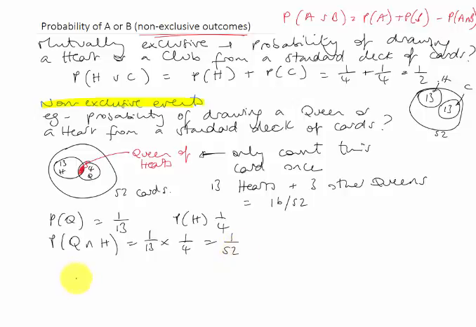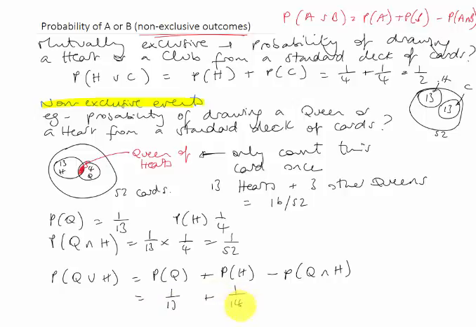Okay, so now it's time to put these all together. The probability of queen or heart is the probability of a queen plus the probability of a heart minus the probability of queen and heart. So that's 1 in 13 plus 1 in 4 minus 1 in 52.